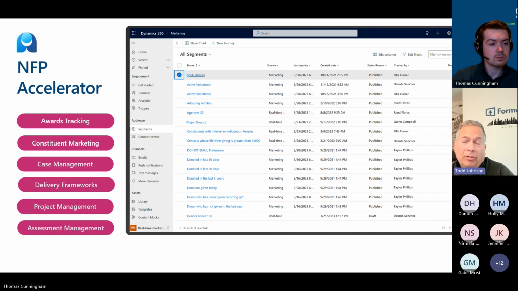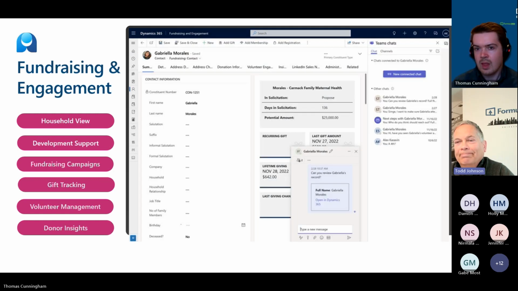And it's partners like ourselves, like FormusPro, that know this technology set very well. This is one of the things in our tool set that we bring to our clients to help get you to a solution faster, and we get to take advantage of Microsoft making some additional investment in this space. And then next up, there's another specific thing around fundraising that we think is pretty interesting that we want to share with you as well.